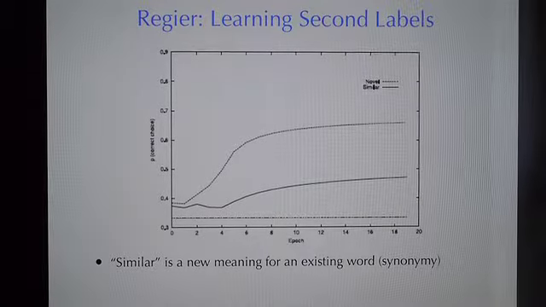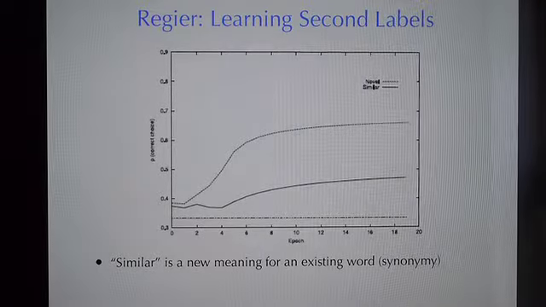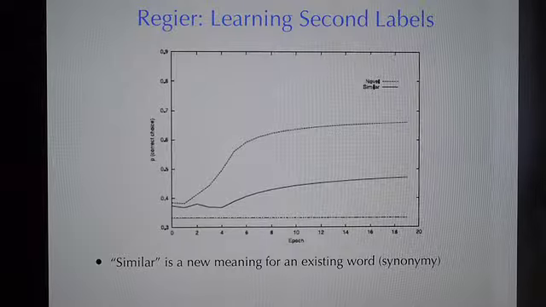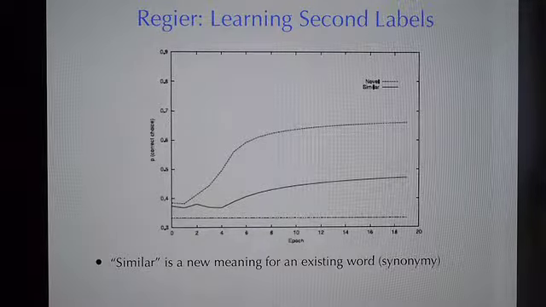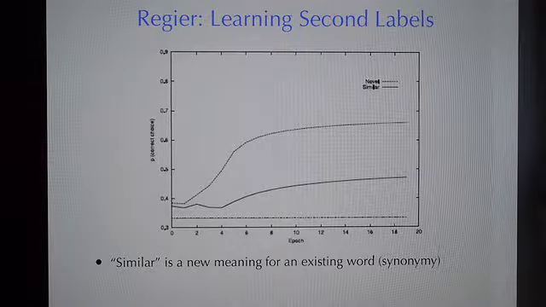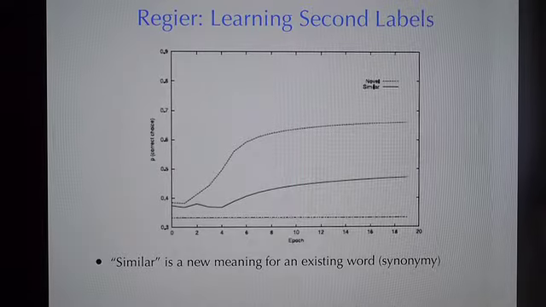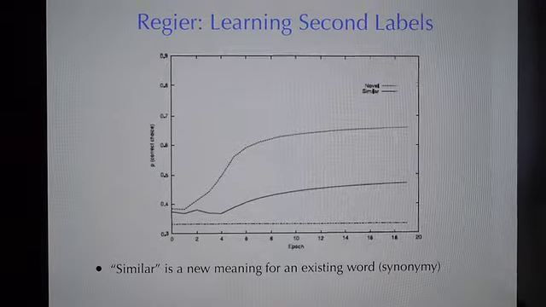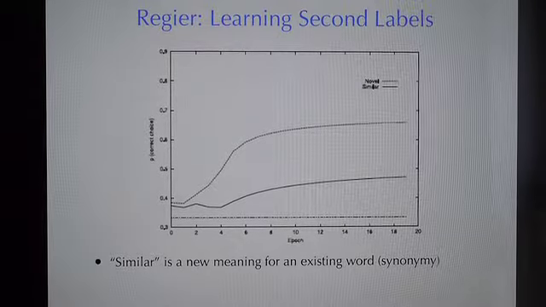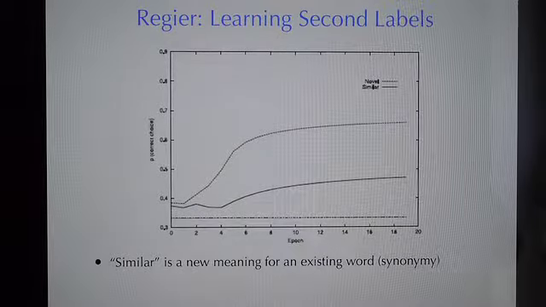That's the probability of the association between the novel word and its meaning, and you see that it increases relatively quickly. Whereas if you introduce it with a word form for a familiar concept, so if you force the model to learn a second label, then it really doesn't do well, at least not as well as learning a completely novel word, and that's the solid line.